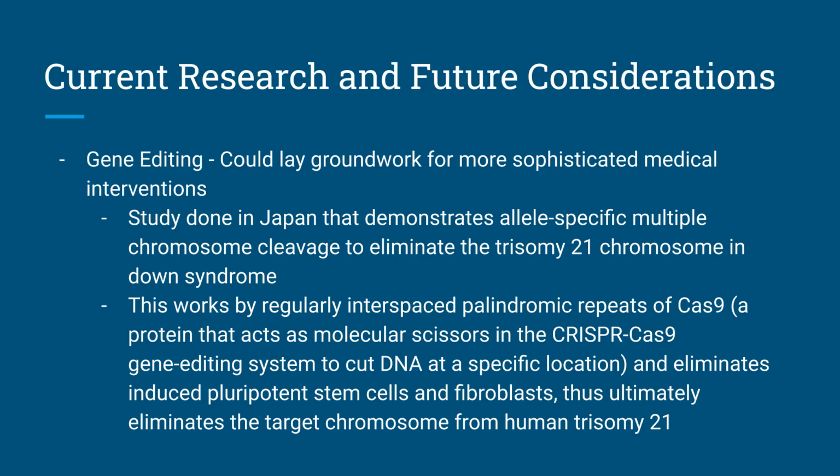This works by using Cas9, associated with clustered regularly interspaced palindromic repeats, which is a protein that acts as molecular scissors in the CRISPR Cas9 gene editing system to cut DNA at a specific location, and this eliminates induced pluripotent stem cells and fibroblasts, thus ultimately eliminating the target chromosome from human trisomy 21.